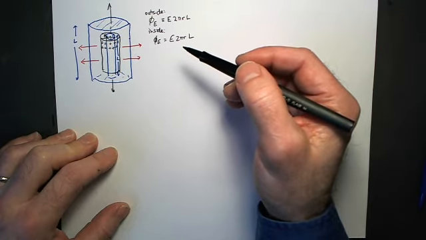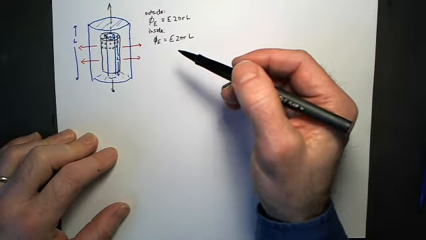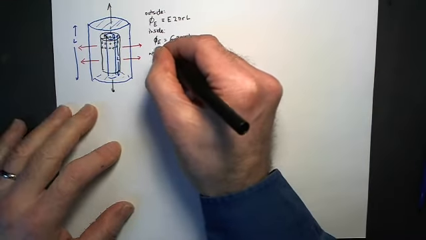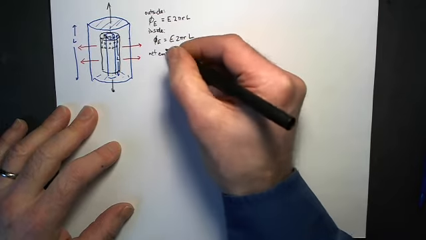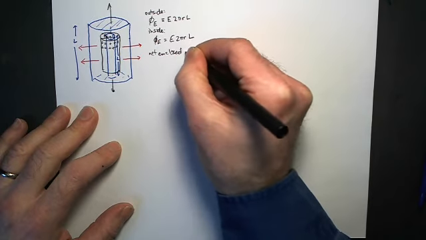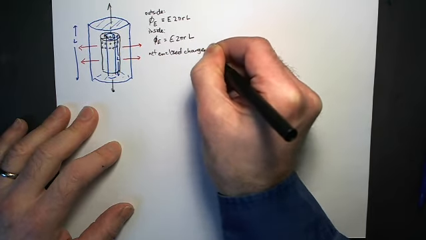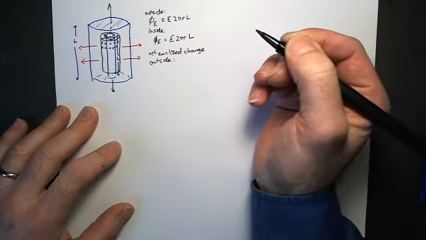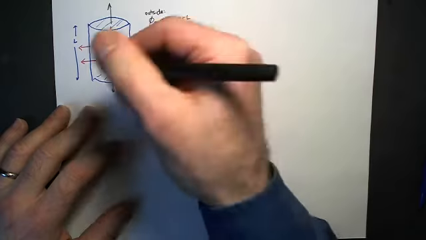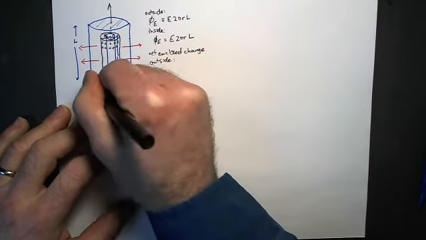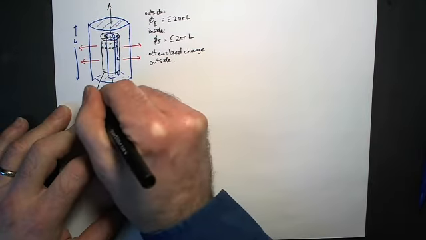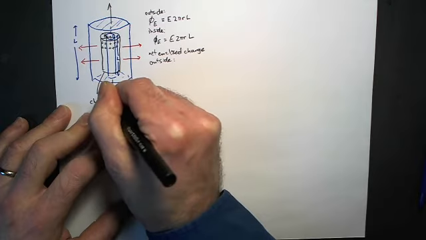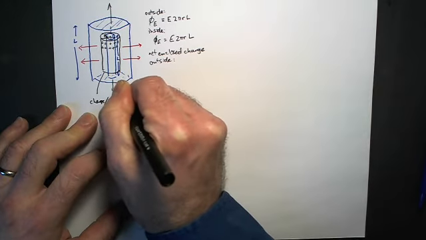The next step is to find the net enclosed charge. Outside, it's very similar to what we had before. Let's say that the cylindrical shell has charge per unit length of lambda.